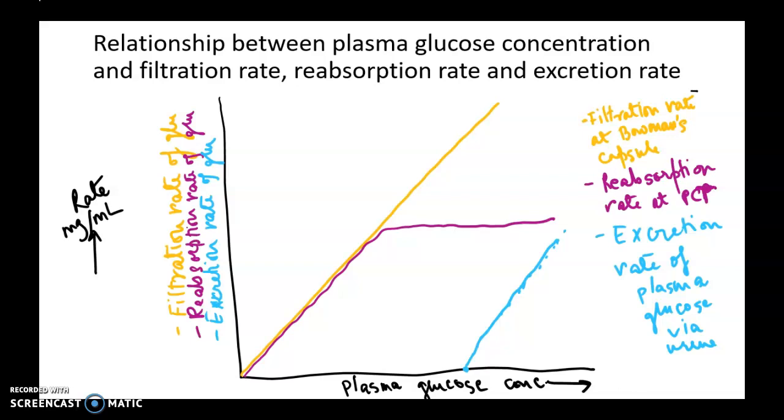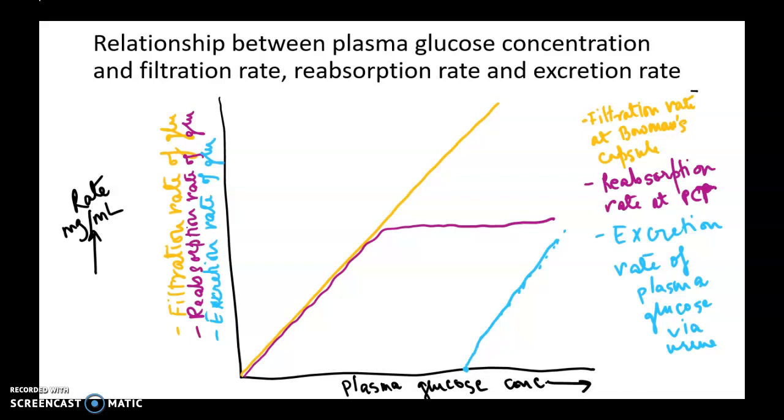Now we will compare the reabsorption rate of glucose. Where in the nephron does reabsorption of glucose take place? Yes, if you say proximal convoluted tubule, you are right. At the proximal convoluted tubule, we will have glucose reabsorption, and we just saw how these transporters are carrying glucose back into the blood capillary.